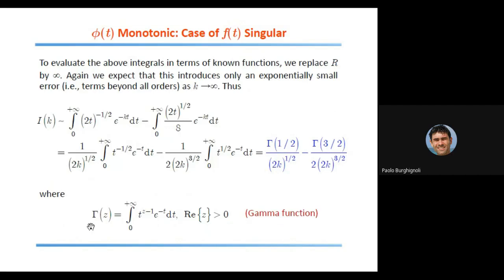Okay. Here at the bottom you have, as a reminder, the definition of the gamma function, which is in general a function of a complex variable defined in the right half plane of the complex plane. But here we use the gamma function with real arguments, so it's enough to consider it as a function of a real argument.